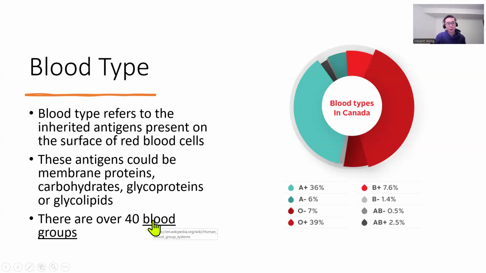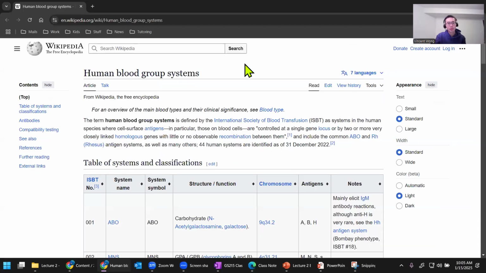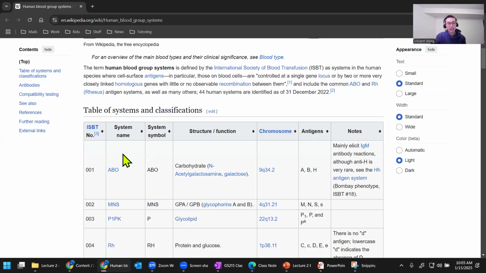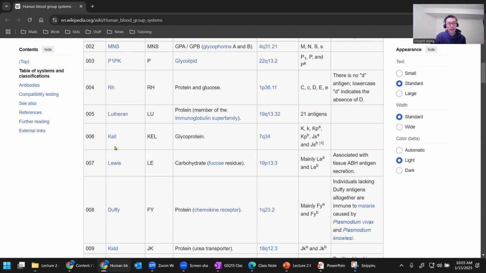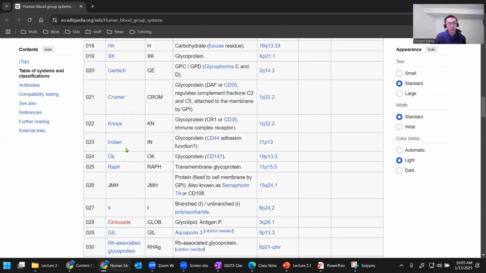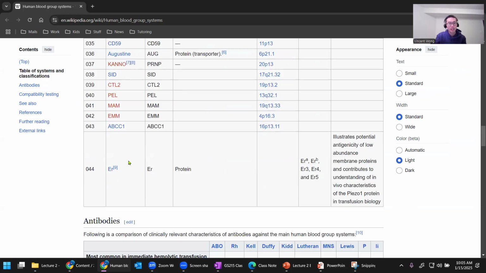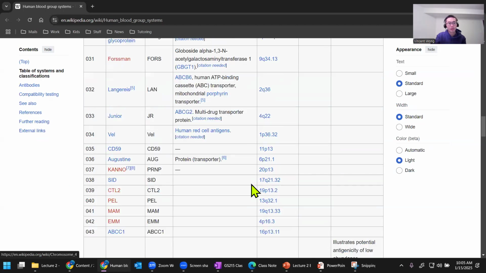There are over 40 blood groups that have been identified. If I click on the link, it's going to take you to everybody's favorite online source, Wikipedia. You can see there's ABO blood group, MNS, RH, Lutheran, Kell, Lewis. All these are blood groups. They are all antigens found on the surface of the red cells.